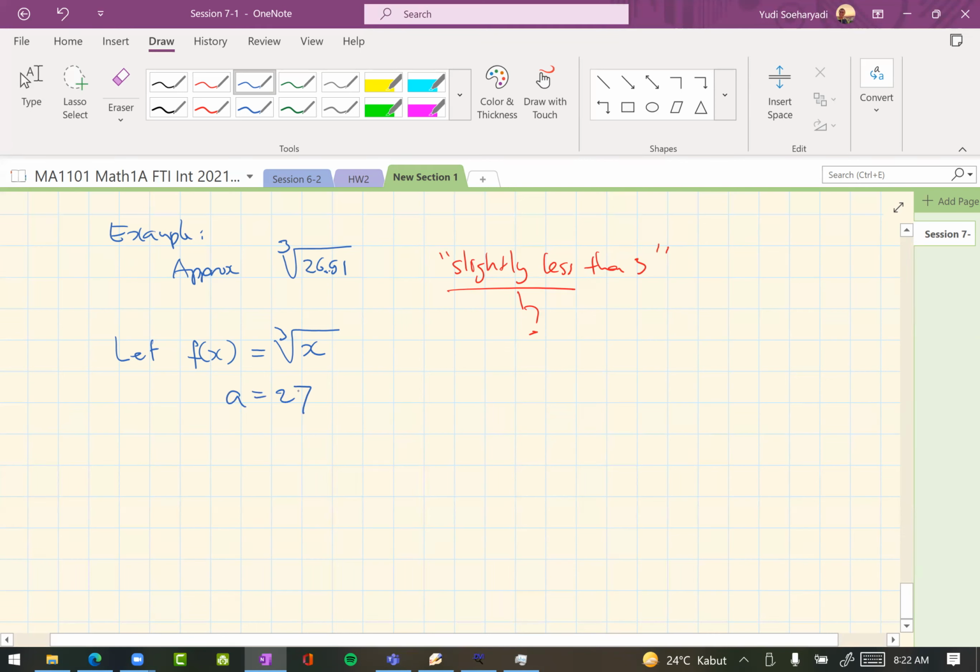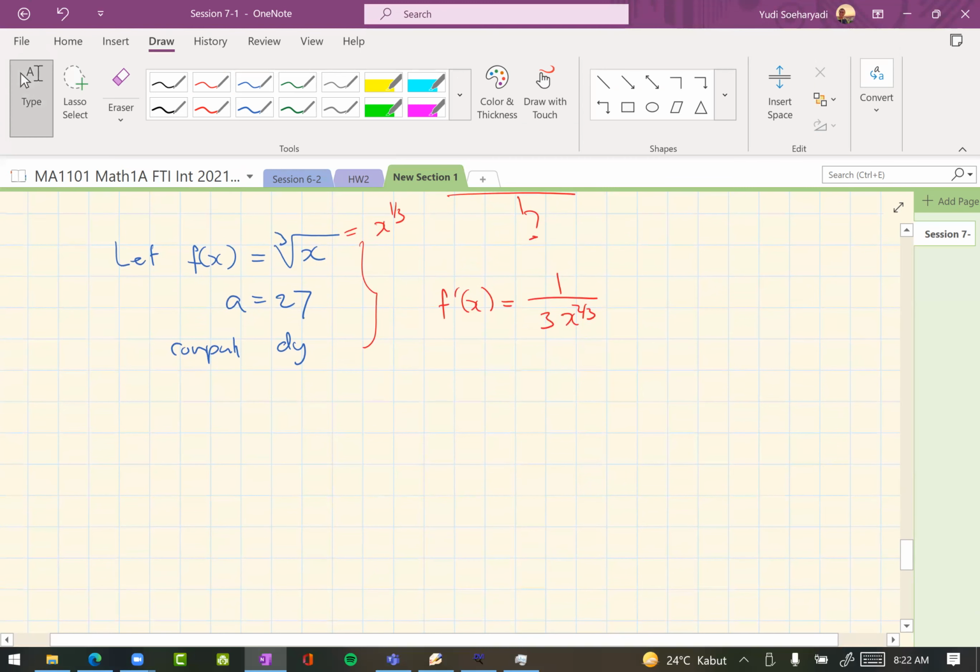Okay. So we need to compute. From here we get the derivative, this is 1/3 times x to the negative 2/3. Okay.